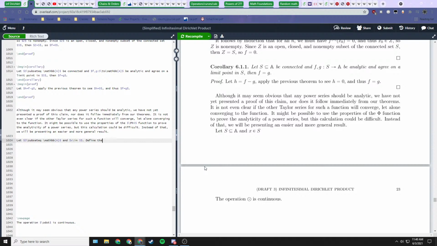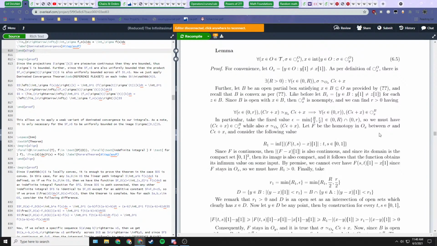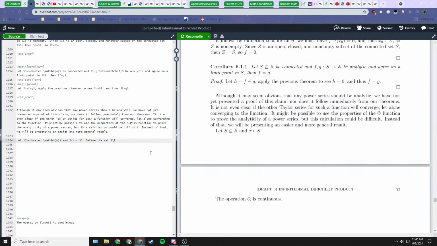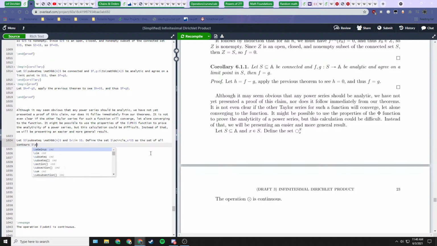So define the set, circle sub x superscript S. We'll define this set as the set of all contours sigma, a contour that is a subset of S, but also a subset of A star plus X.